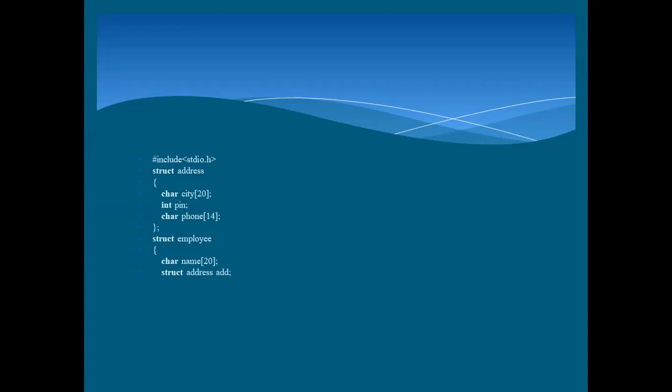Add is a variable of type struct address. Now here we create an employee record, an employee variable. The name of the structure is employee and the name of the variable I am going to take as emp.